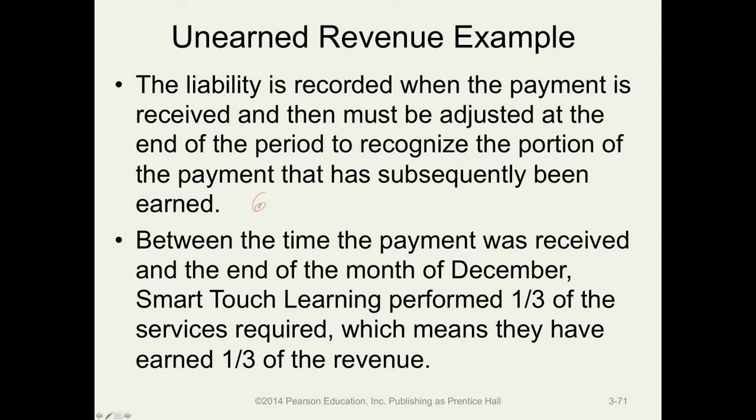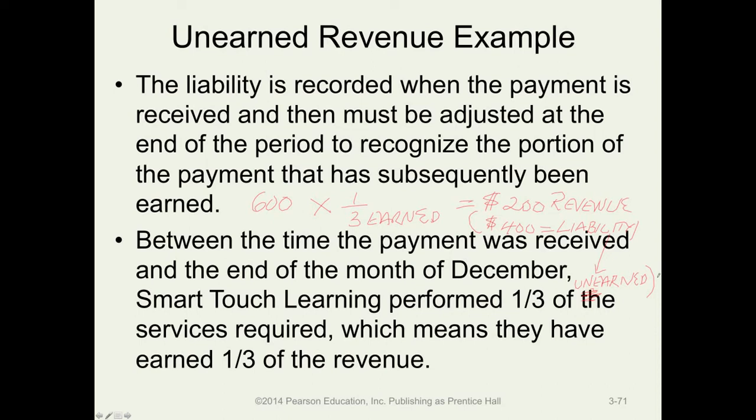So if you collected $600 in advance, and if 1/3 is earned, that means that you have to have $200 of revenue, and the balance, the $400, is still a liability or unearned.